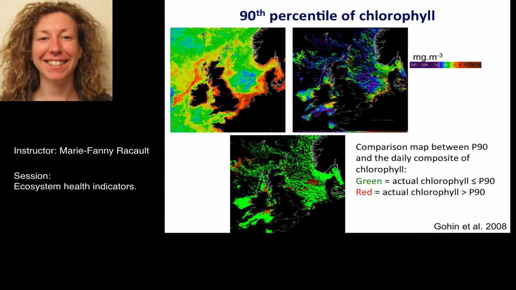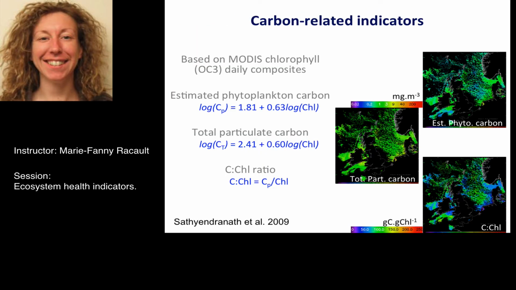And so here is just to show you estimates of primary production. So this is a global scale. They vary between 45 to 50 petagrams of carbon each year. So this represents about 40% of the global primary production, including the terrestrial system.